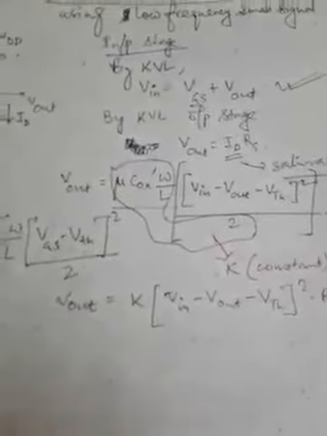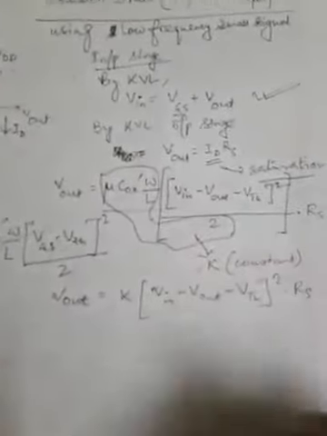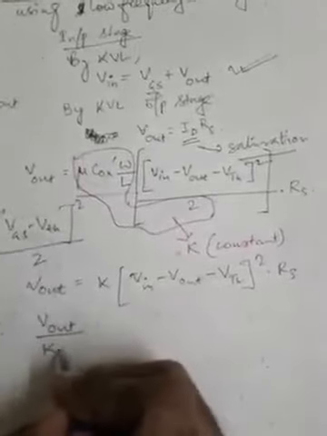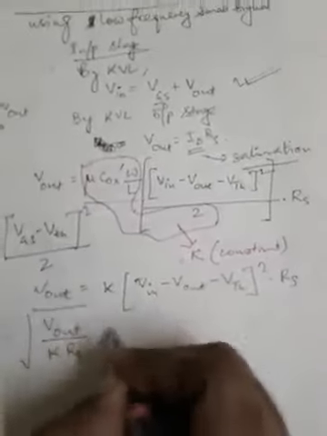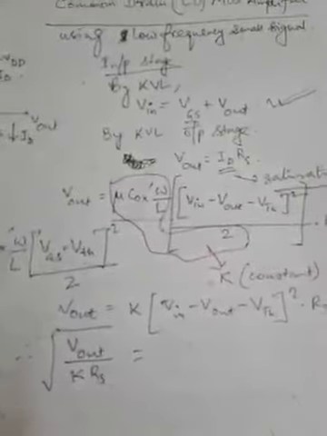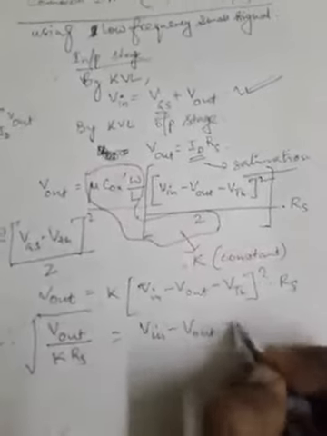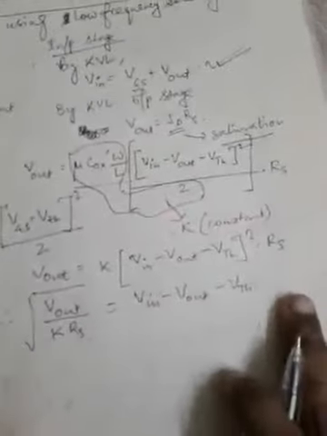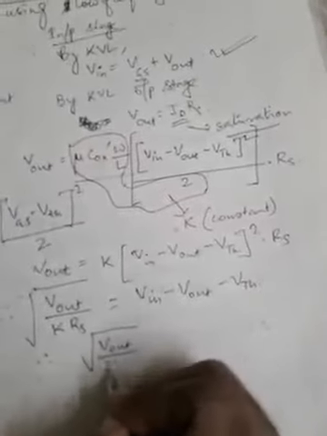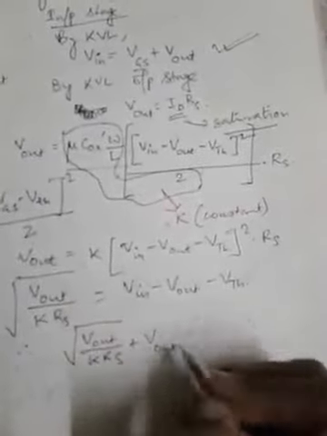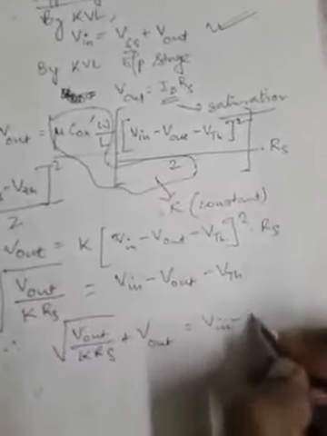Here we can see, if we rearrange, this should be written as V out by KRS under the square root is equal to V in minus V out minus VTH. Therefore, we can write V out by KRS, taking this V out to the left side, plus V out is nothing but V in minus VTH.